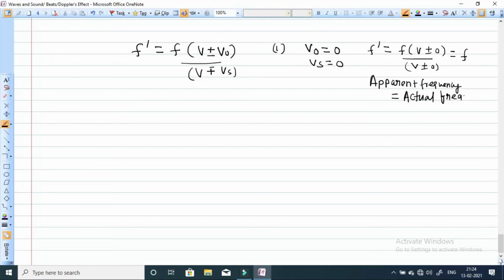Number 2 we can analyze. This is the actual formula; plus sign and negative sign we can choose accordingly.